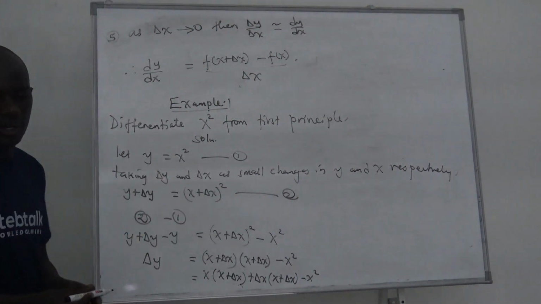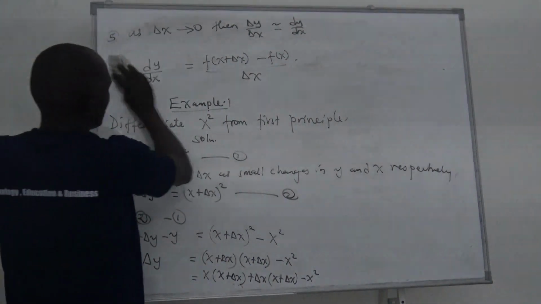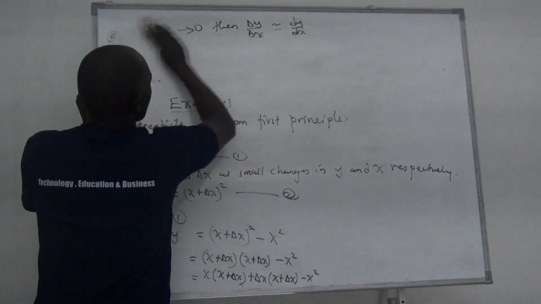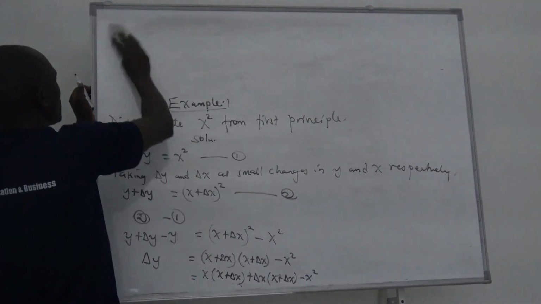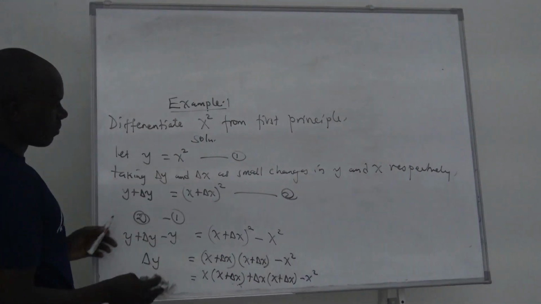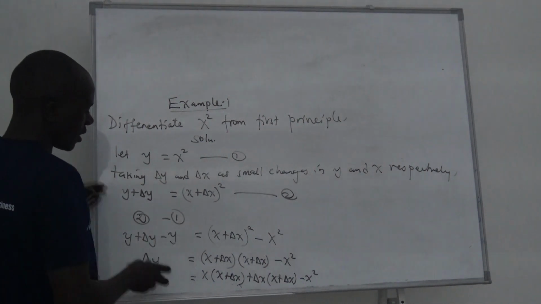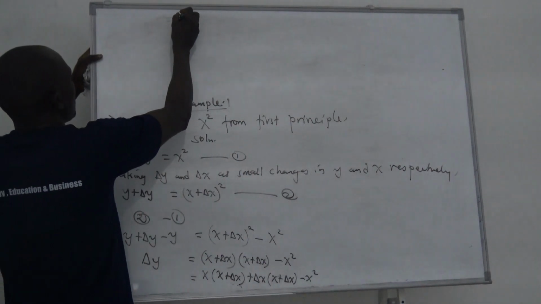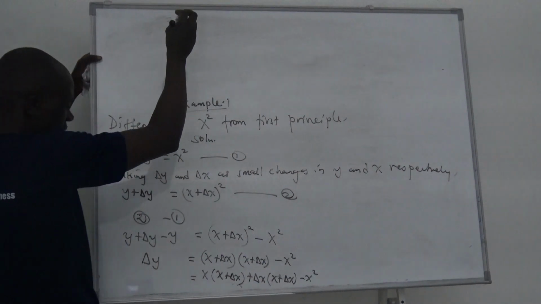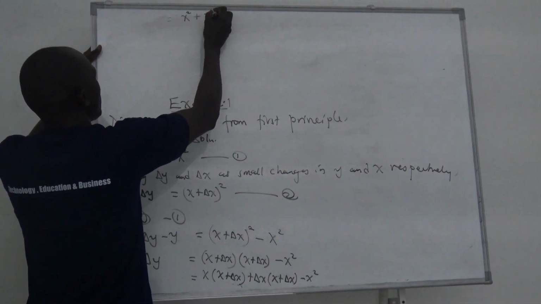Let's expand together. We start with x times x. What do we get? x squared. x times delta x gives plus x delta x.